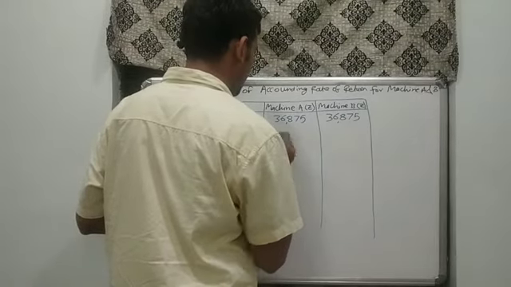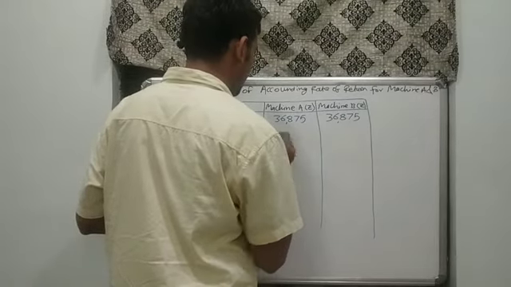Original investment for machine 1 was 56,125 divided by 2, it would be 28,063, and the same is for machine B, 56,125 divided by 2, that is again 28,063. This is the average investment for both the machines.